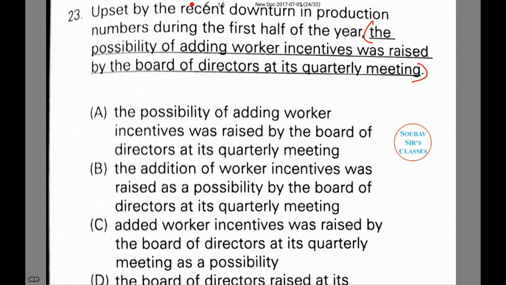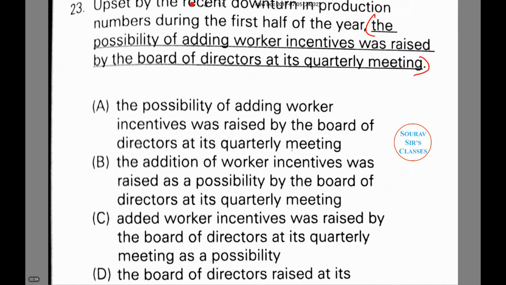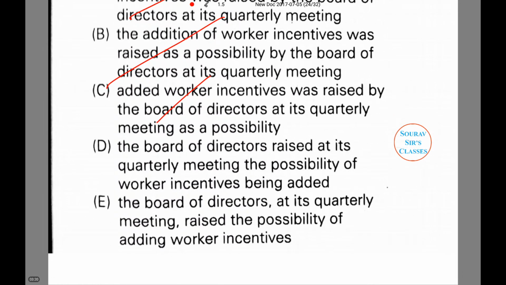Now we need to check among the following options which is correct. The underlined lines that I have marked are a misplaced modifier question: who was upset by the downturn? It was the board of directors. This eliminates options A, B and C. Now let's see what the other two options are.